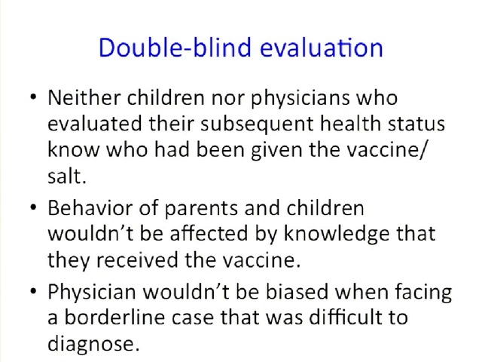And so the evaluator is also blind. So this is called double blind because the subject, which is the parent and the child, do not know whether or not they have the saline solution or the actual vaccine. And the evaluator, who's making the measurements, determining whether or not the child contracted polio or not, also doesn't know which children received the vaccine and which did not.